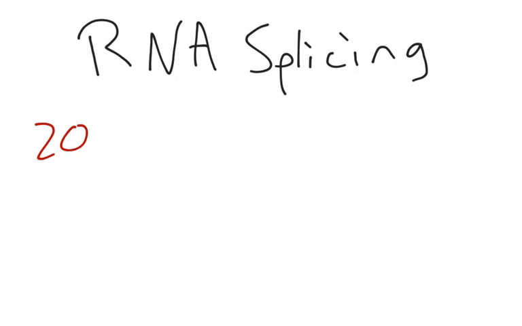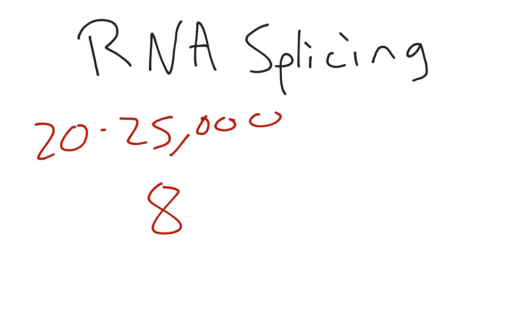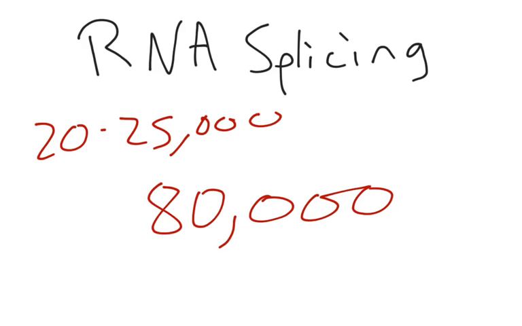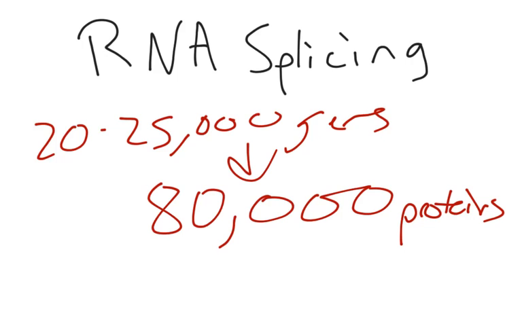For example, we have about 20 to 25,000 genes, but we have at least 80,000 proteins. Okay, so 20 to 25,000 genes code for at least 80,000 proteins.